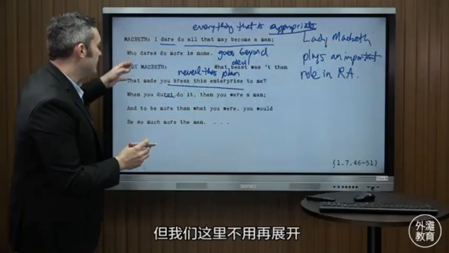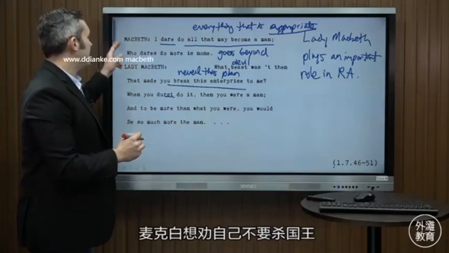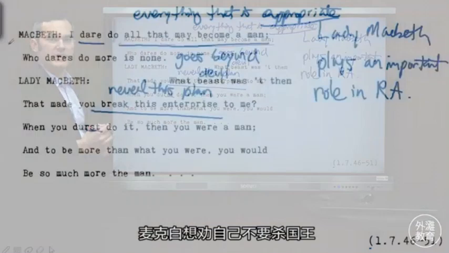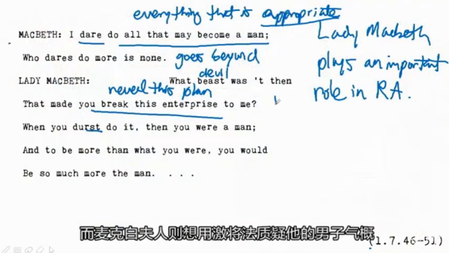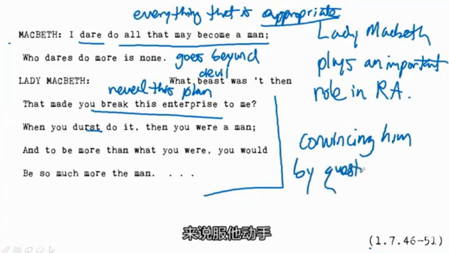Okay, so we don't need to unpack all of this now, but what we need to realize is that Macbeth is trying not to have to kill the king. And Lady Macbeth is convincing him by questioning his masculinity.